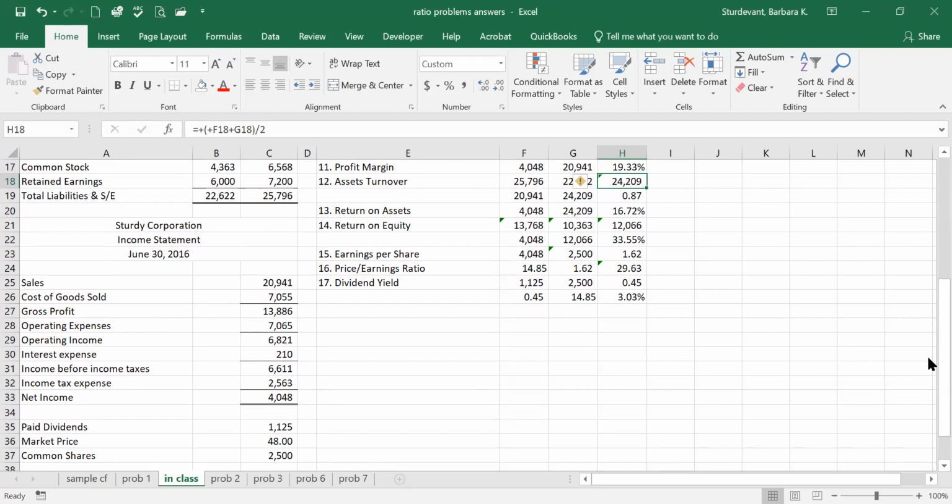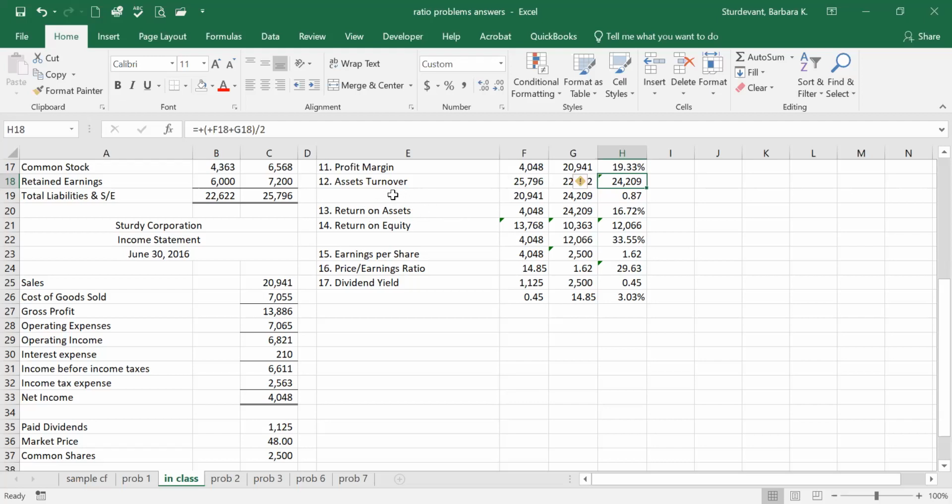Return on assets. Okay, so you have a couple return ons right here. The return ons, the top number is always net income. Bottom number, average of whatever the return on is on.